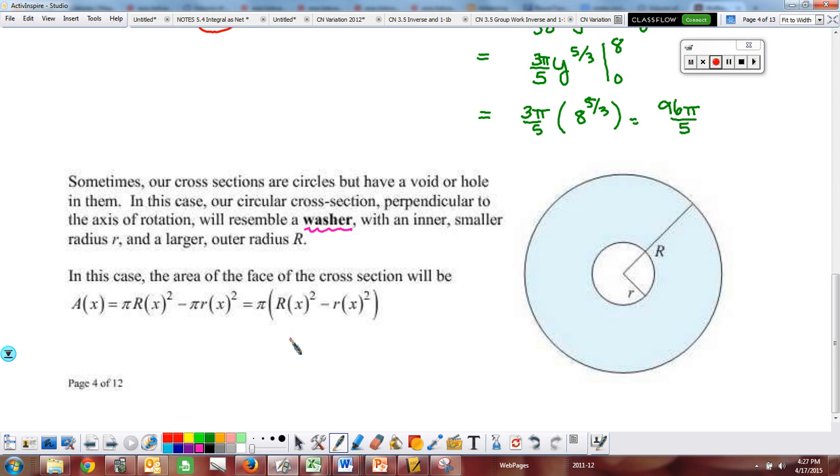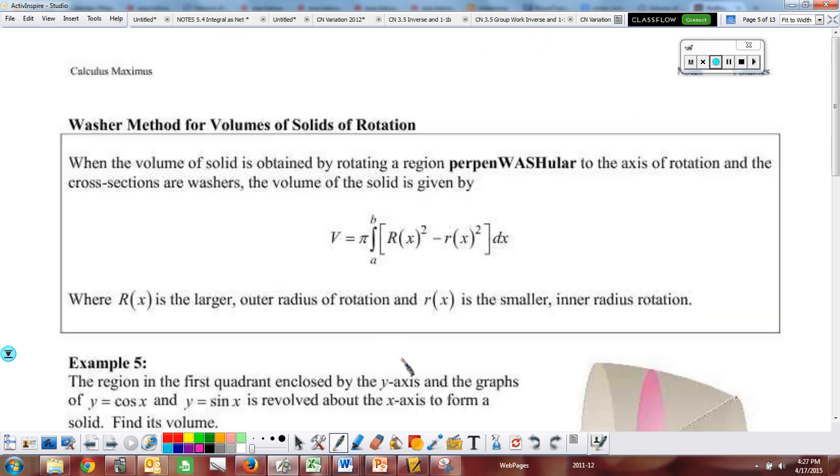But I'm basically taking the area of the big minus the area of the small. So we want to keep that in mind in that situation. So this is what's called the washer method. So this one is specifically for when I am rotating it around.